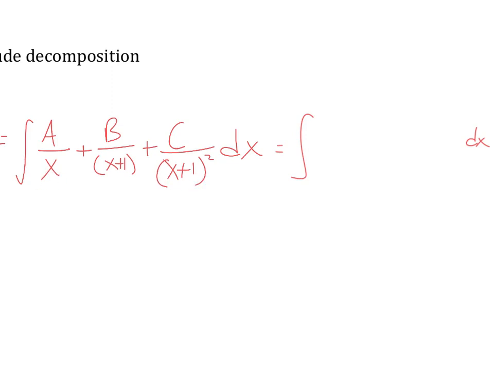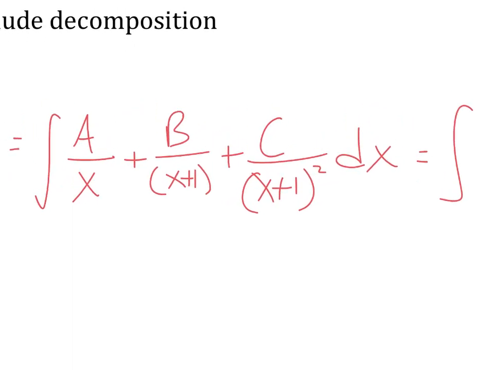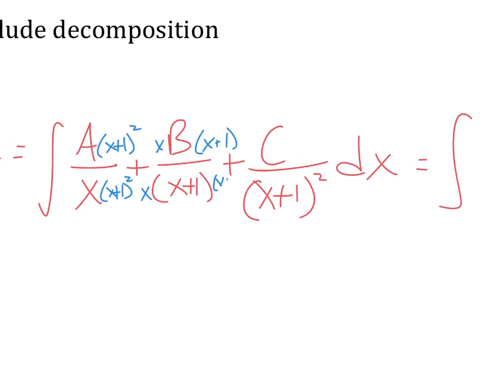So we're going to multiply top and bottom to get a common denominator. We need to multiply the first fraction by x plus 1 squared on the top and bottom. We need to multiply the second fraction by x on top and bottom, and we need another x plus 1 because we're going to need x plus 1 squared.